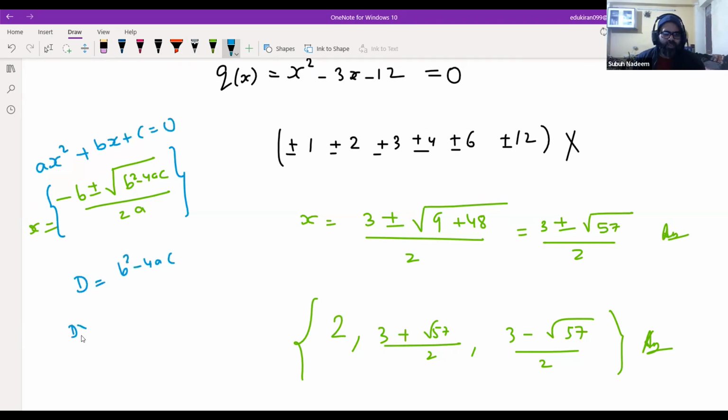Now, if the discriminant is positive, you get real roots, and also we say real and unequal roots. If the discriminant is 0, real and equal roots. And if the discriminant is less than 0, non-real roots. Yes, sir. Fine, sir.